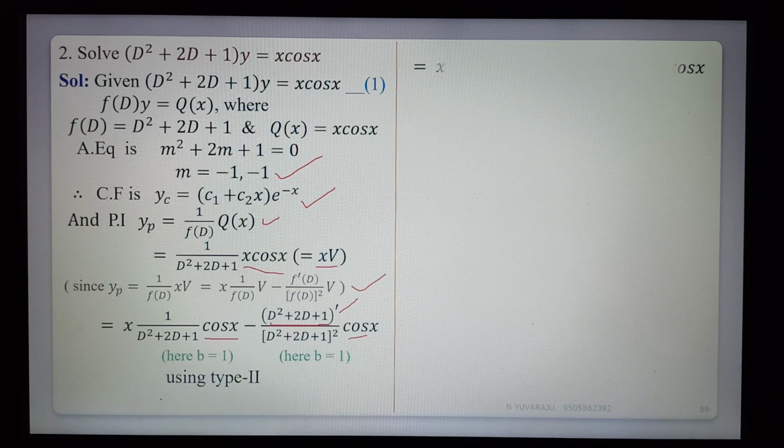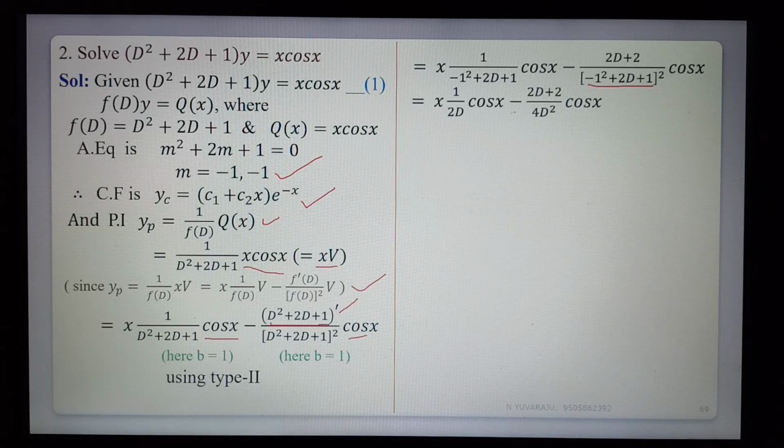So that is x·1/(−1² + 2D + 1) minus the derivative of D² + 2D + 1, which is 2D + 2, over (D² + 2D + 1)² with D² replaced by −1. That is x·1/(2D) cos x minus (2D + 2)/(2D)², that is 4D² cos x.